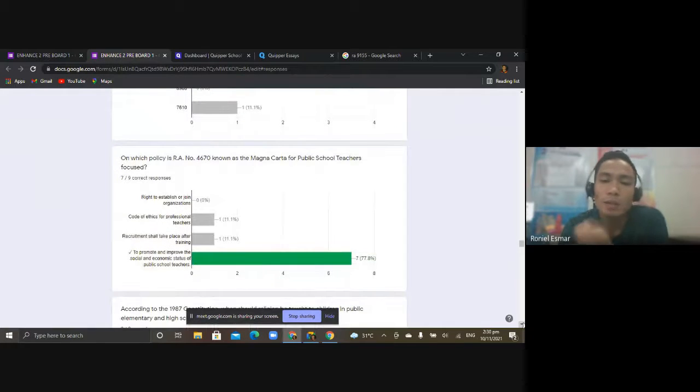Next, on which policy is Republic Act 4670, known as the Magna Carta for Public School Teachers, focused? Number one, right to establish or join organizations? Number two, Code of Ethics for Professional Teachers. Number three, recruitment shall take place after training.